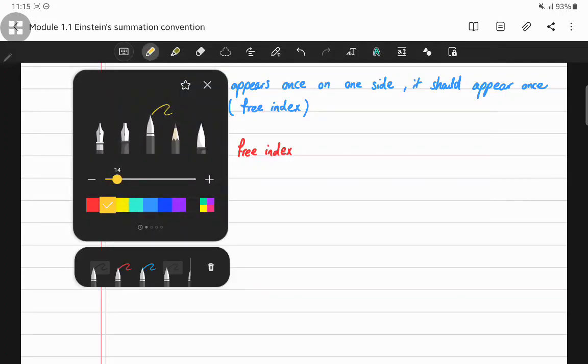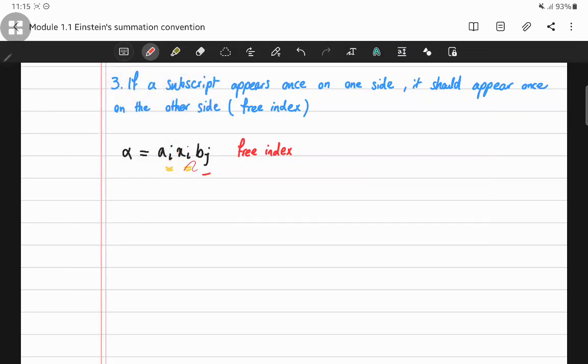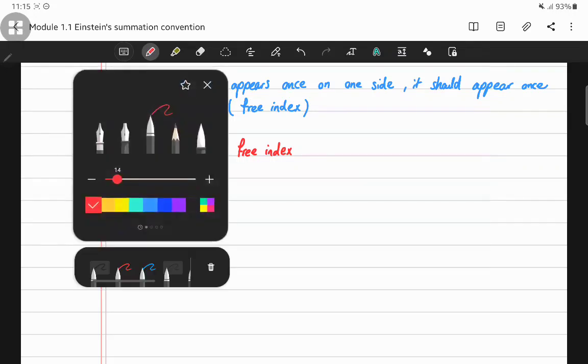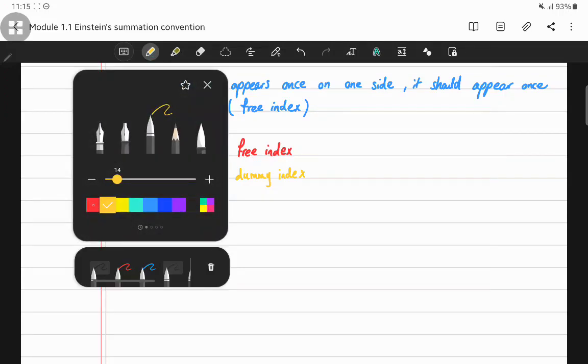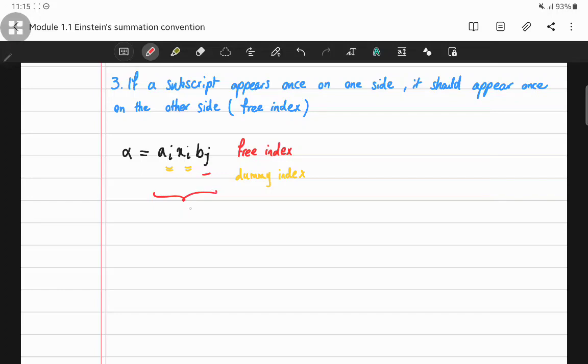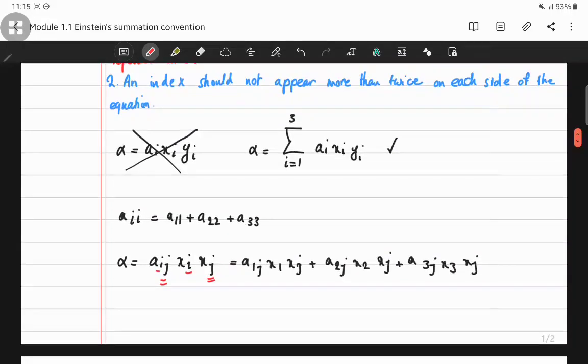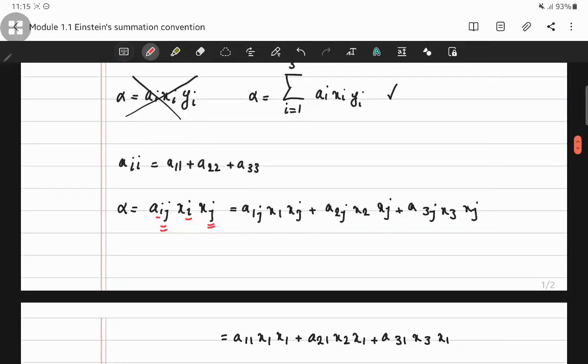So here you have i as the dummy index, and you have j as a free index. It appeared once on the right hand side of the equation, so it should appear once on the left hand side. This justifies the earlier example where we had alpha equal to a_ij x_i x_j, and since we had two dummy indices i and j, we didn't have anything on the left hand side.